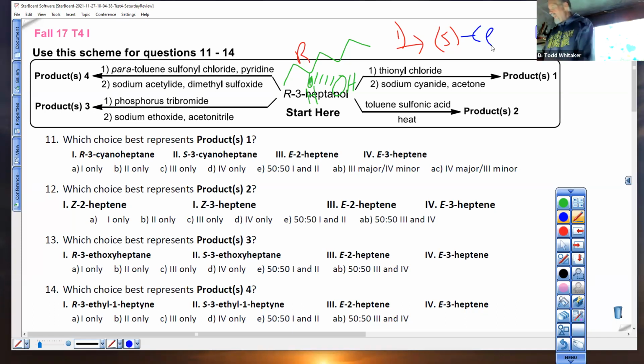And then sodium cyanide is a strong nucleophile, acetone, polar aprotic solvent. You're going to go to an R with a cyanide on the same carbon. So some kind of R cyano. Ah, there we have it.